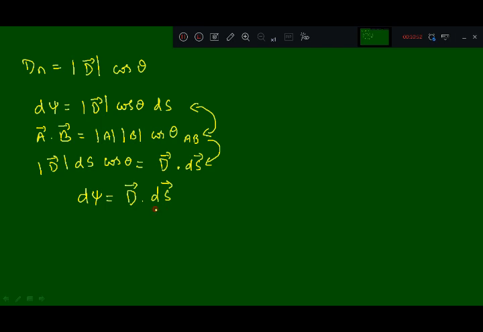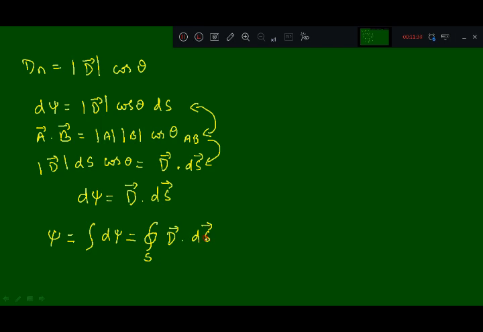If you want to consider the complete enclosed surface, we need the integral. So phi is equal to the integral of d phi, which is nothing but the closed integral over the complete surface S of D dot ds vector.